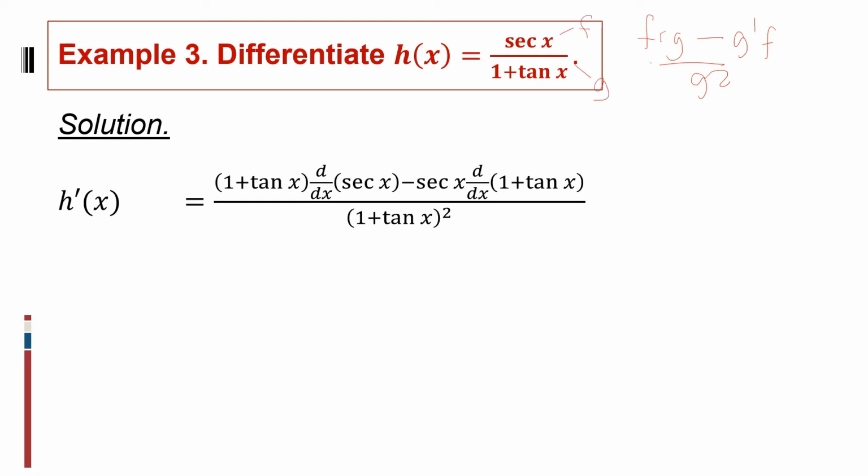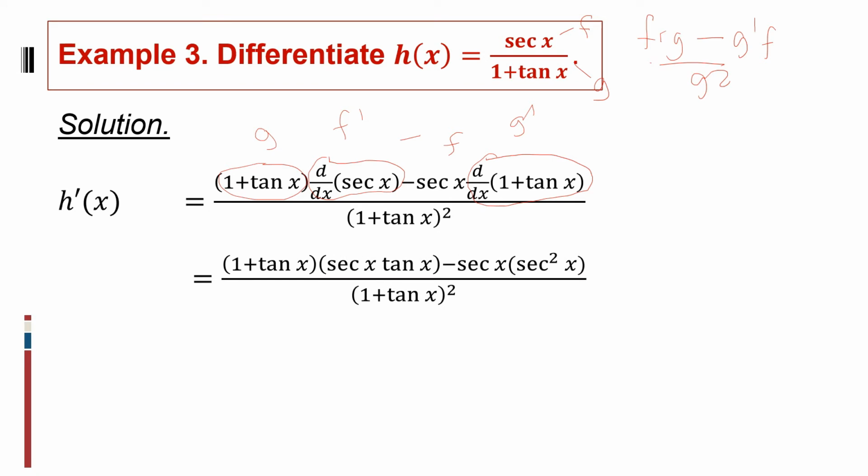So f prime is derivative of secant x. G is 1 plus tangent x. Okay. Minus GIF. G prime is the derivative of 1 plus tangent x times f, which is secant x, all over 1 plus tangent x squared.